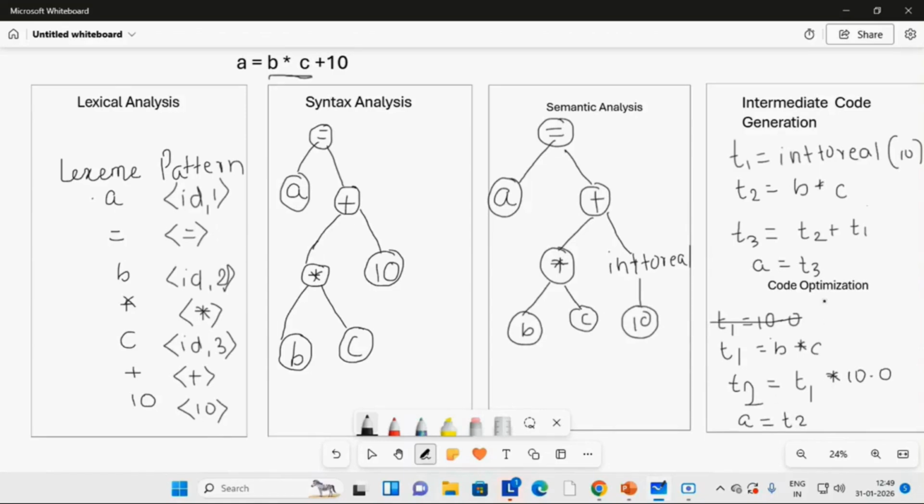If I want to write my final optimized code, I'll write it with another pen so that it becomes clear. My final optimized code will be T1 is equal to B into C, and these two equations will be combined to write A is equal to T1 plus 10. There is lack of space, so I'll rewrite it once again.